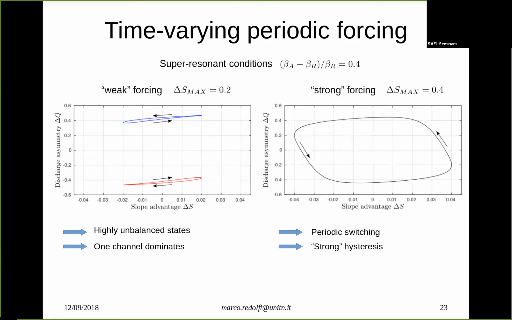Conversely, when the amplitude of the oscillation is high enough, you can have switching behavior of the bifurcation that can periodically switch between a state where the left channel dominates and the opposite state where the other channel dominates.